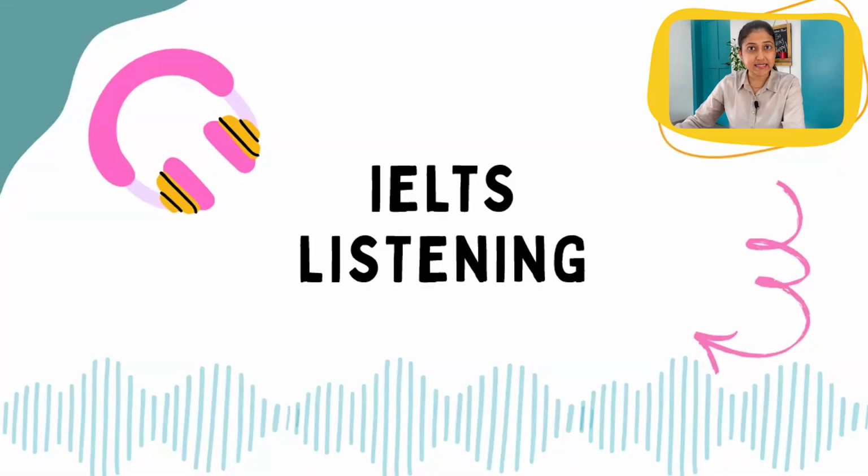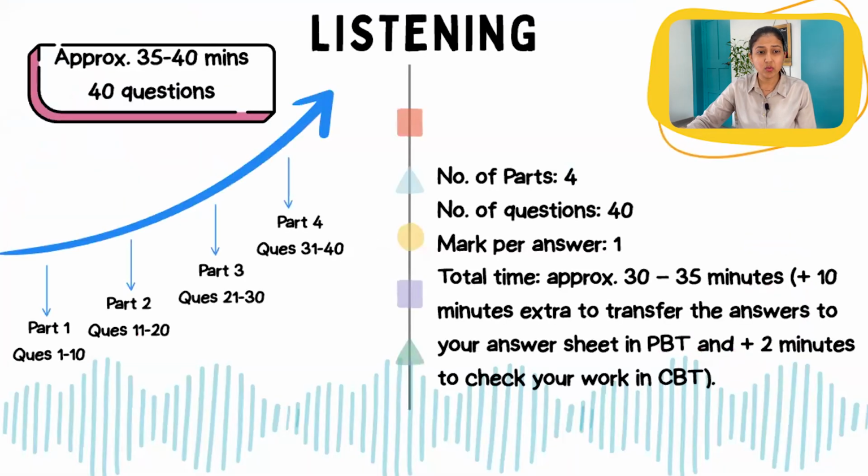Cool? So, let's begin. As we have already seen in the orientation session, your listening will be completed in the span of roughly 35 to 40 minutes, wherein you will have to solve total 40 questions, right? There would be 4 parts, part 1, part 2, part 3 and part 4, wherein each part will have 10 questions.